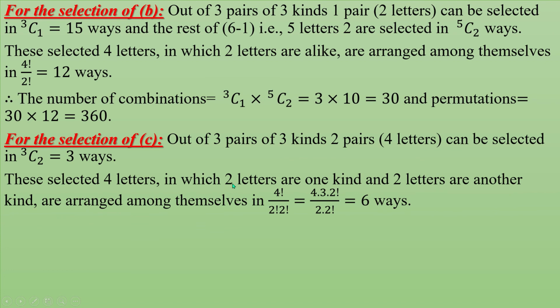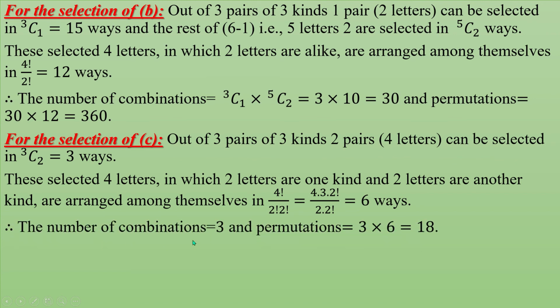These selected 4 letters, in which 2 letters are of one kind and 2 letters are of another kind, are arranged among themselves in 4 factorial divided by 2 factorial into 2 factorial. This equals 4 into 3 into 2, divided by 2, because 2 factorial is fixed, as we have to cut this and this. As a result, here will be 6 ways. Therefore the number of combinations equals 3 and permutations equals 3 into 6, which equals 18.